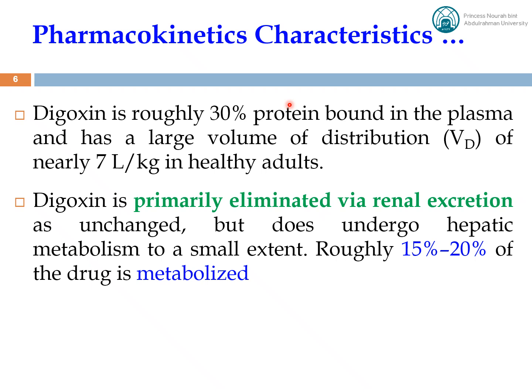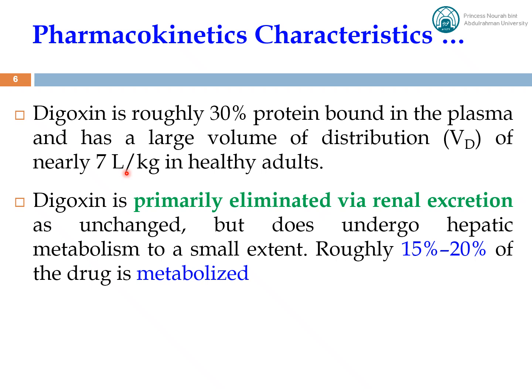Now, to continue with the remaining pharmacokinetic characteristics for digoxin, it is 30% protein bound in the plasma, and it has a relatively large volume of distribution, which is nearly 7 liters per kilogram.